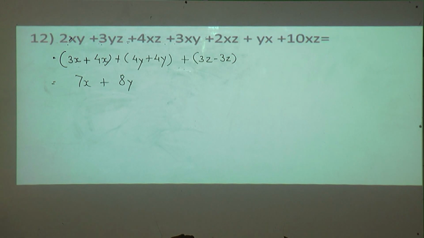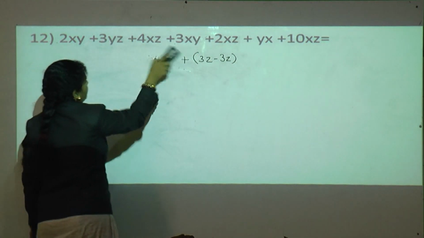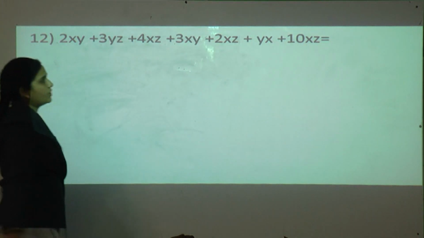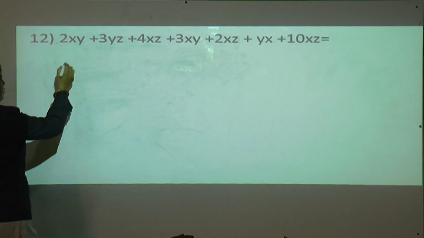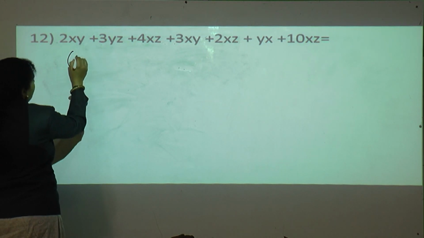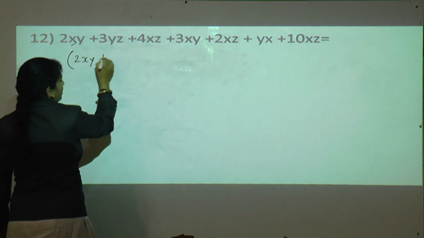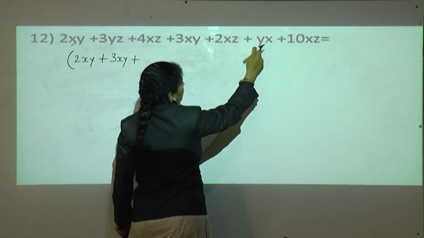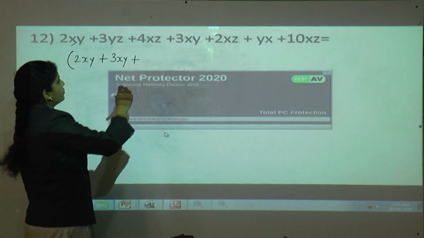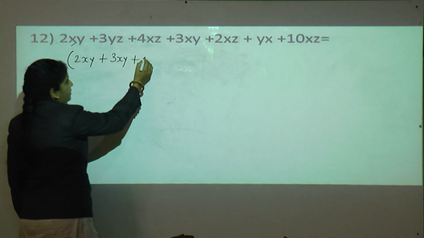Next one, 2xy plus 3yz plus 4xz plus 3xy plus 2xz plus yx plus xz. So first we will see xy, here 2xy, again here 3xy, now here yx, yx means also xy, so we will write here xy.